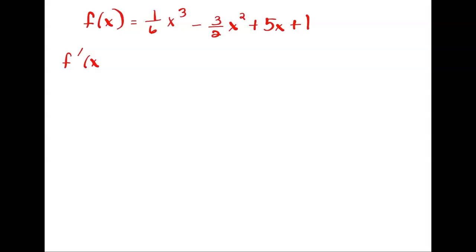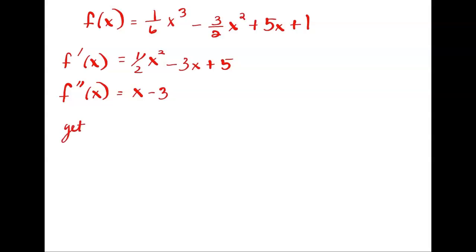And so we are going to look at our function f of x and take the first derivative. So we're looking for f prime of x. In calculating that, we get 1/2 x squared minus 3x plus 5. And we'll go ahead and find the second derivative.